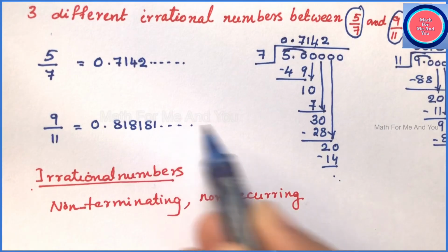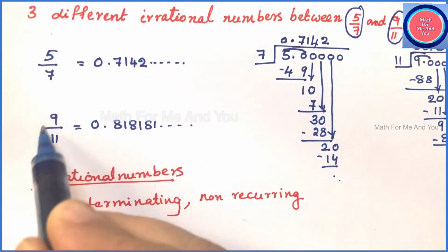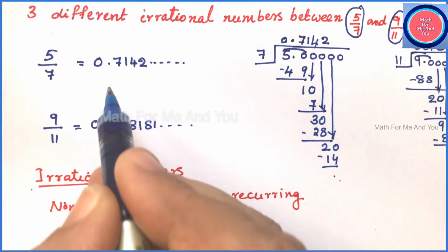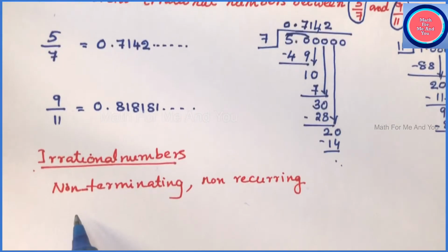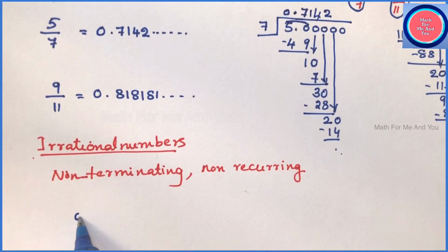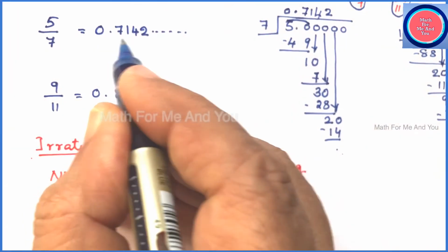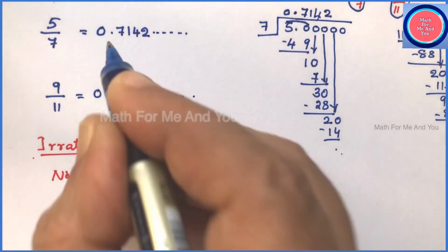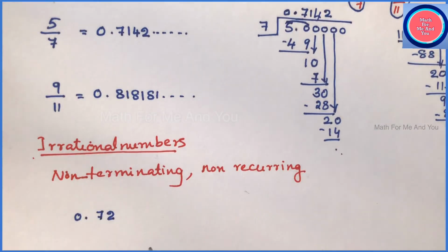0.7142, this number, after that we need a decimal number. So how to write? We will write irrational numbers. We will write this as 0. After 71 we can select a number 72, 73. It's up to you. I'm going to write 0.72. It is more than 71. When you write irrational numbers, the digits must be different and it does not stop.